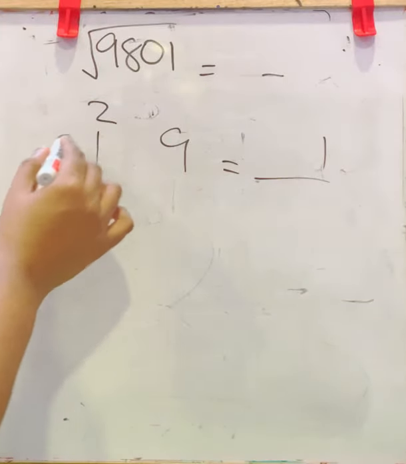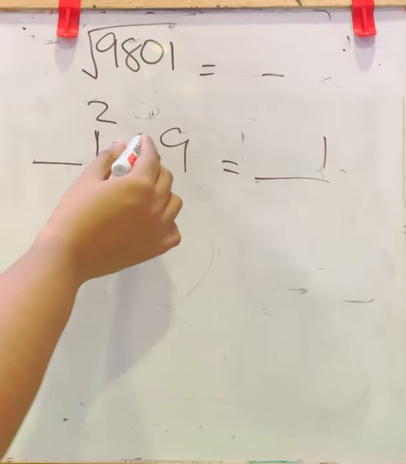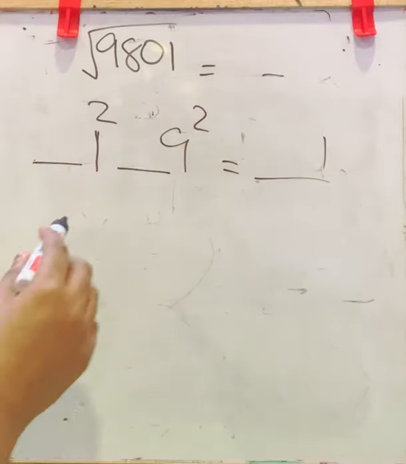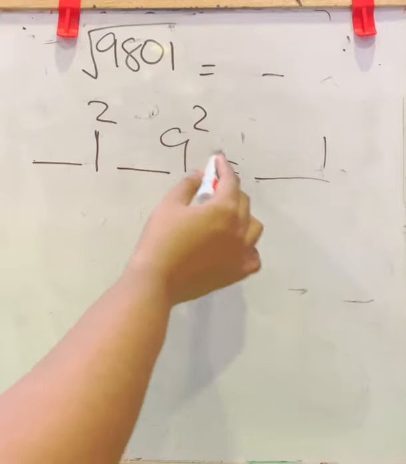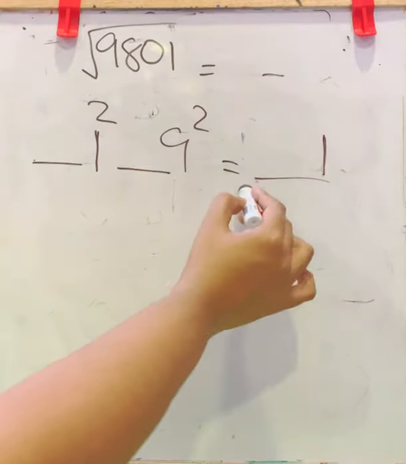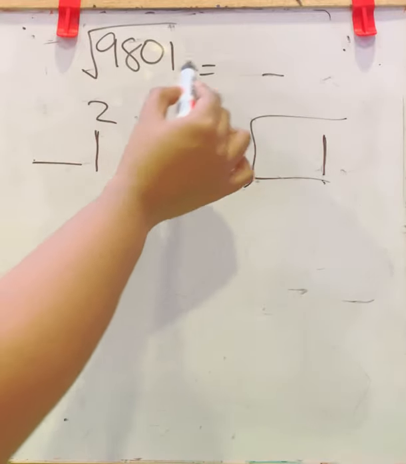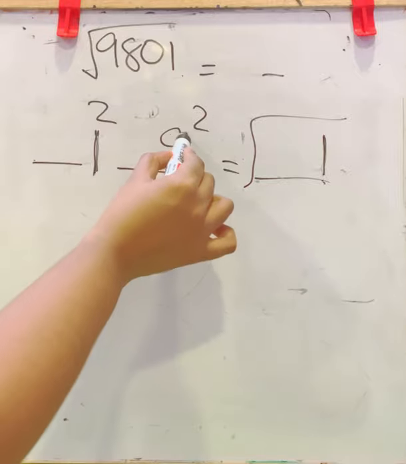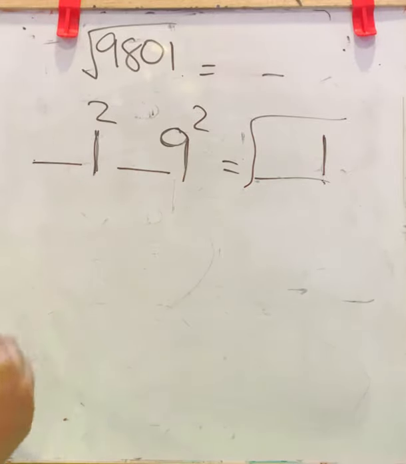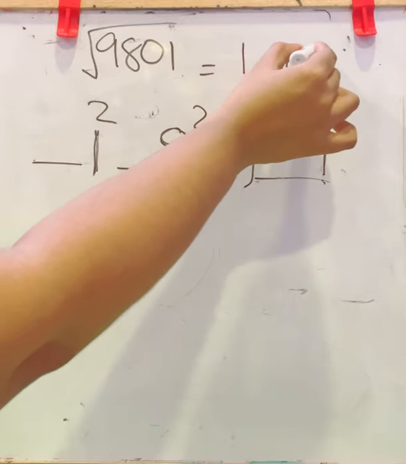If you square a number ending with 1 and a number ending with 9, the result, that is the square number, will end with digit 1. So the square root of a number ending with digit 1 will be either 1 or 9 at its units place.